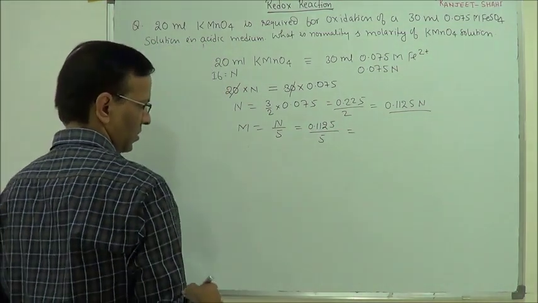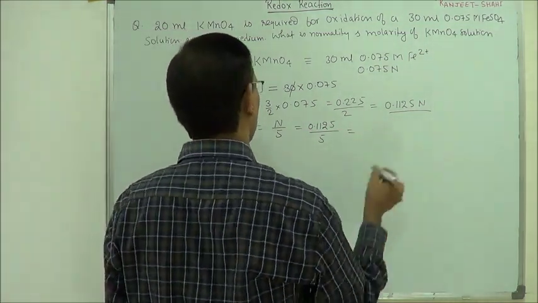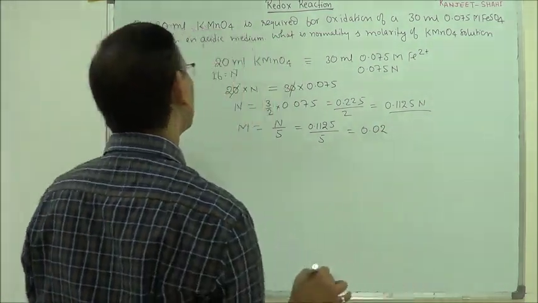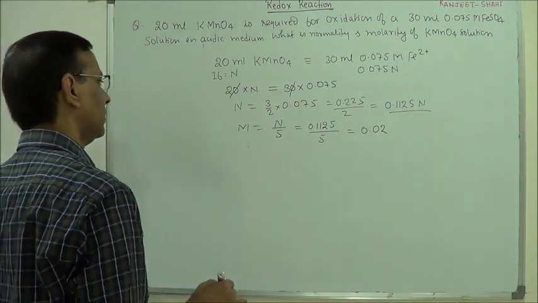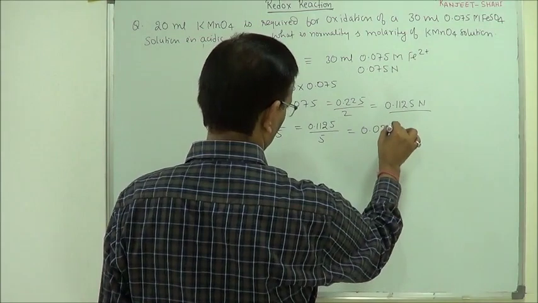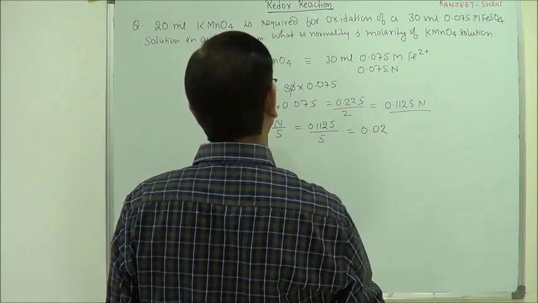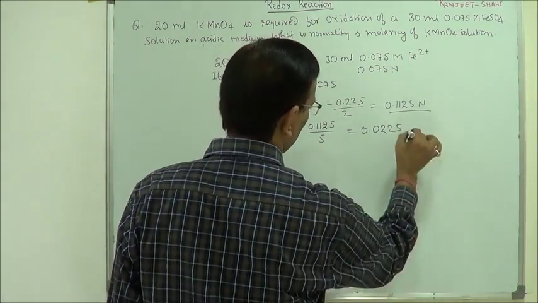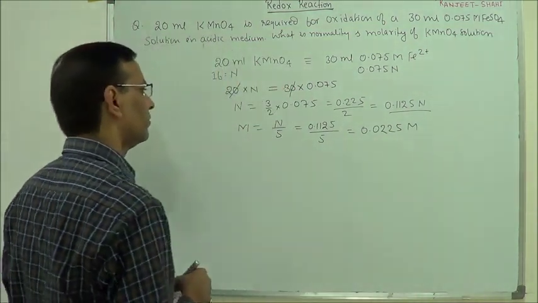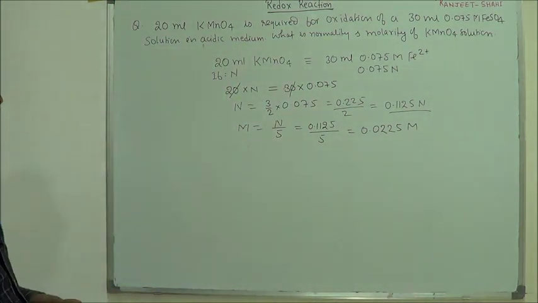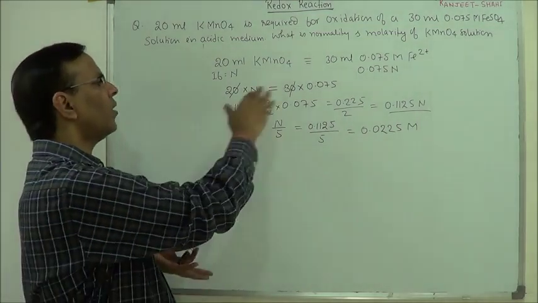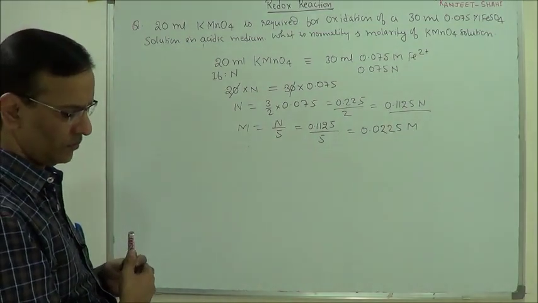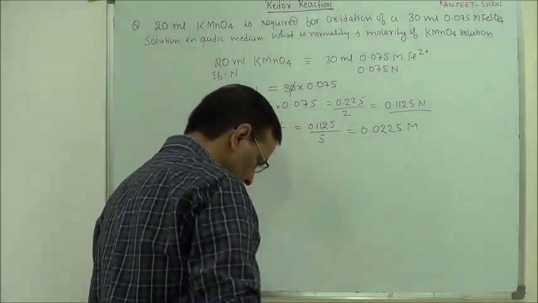So 0.0225 molar. So this way we determine normality, molarity and correlate them. Let us take one or two more examples.